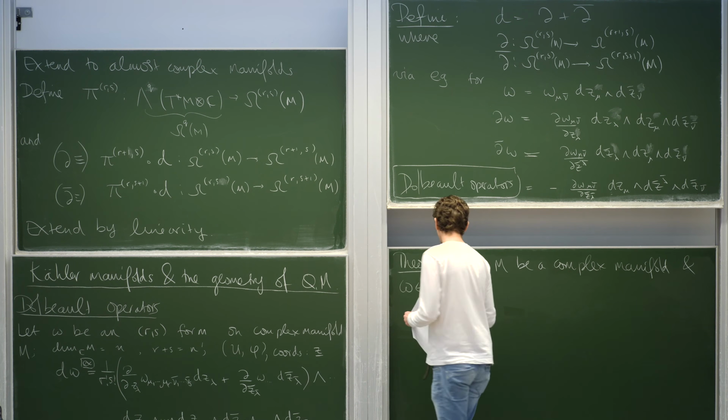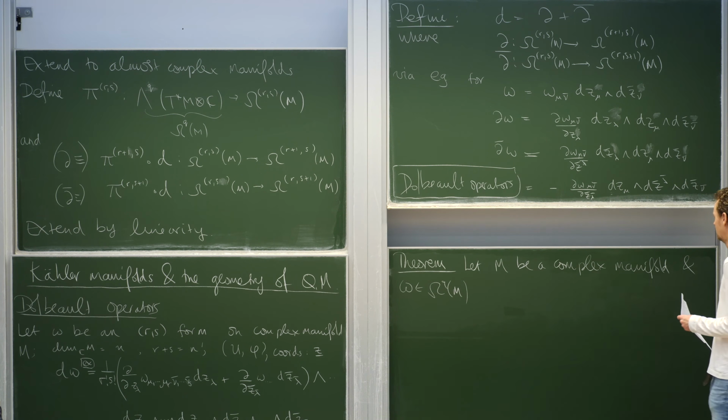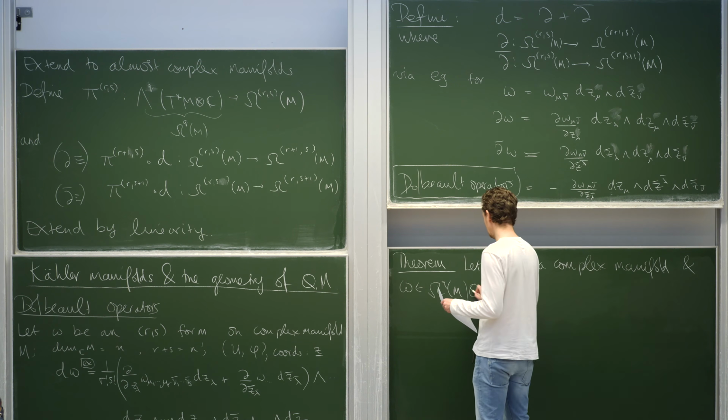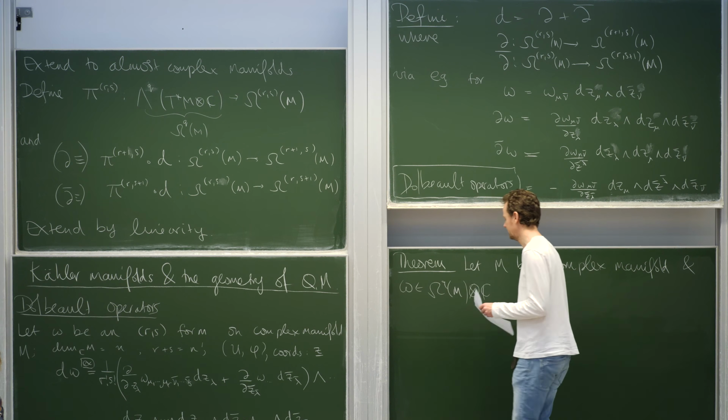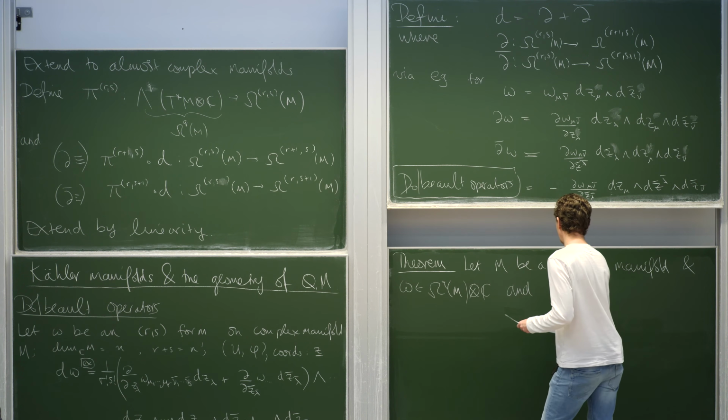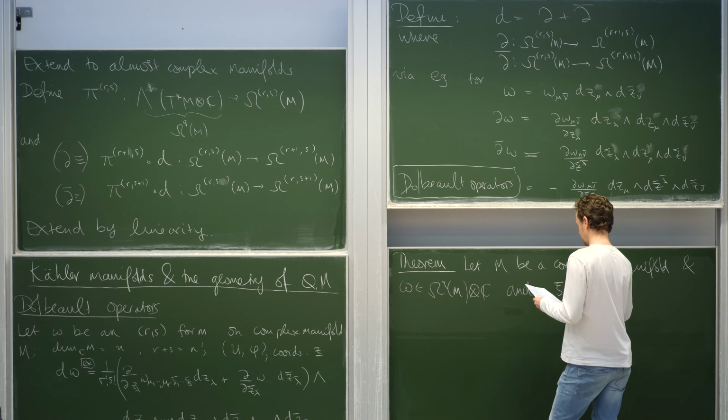So we have some Q form on a complex manifold, a complexified one, and we have some P form.